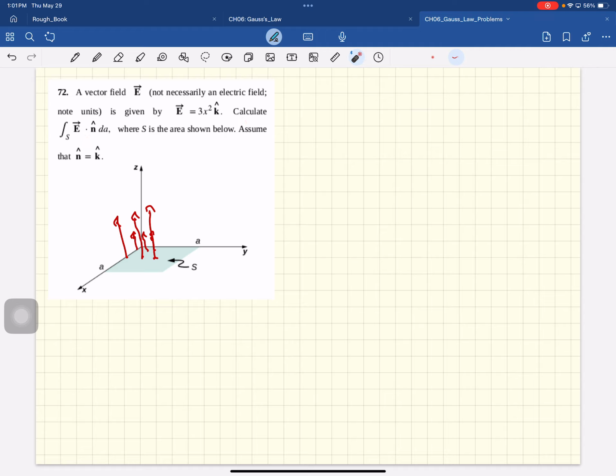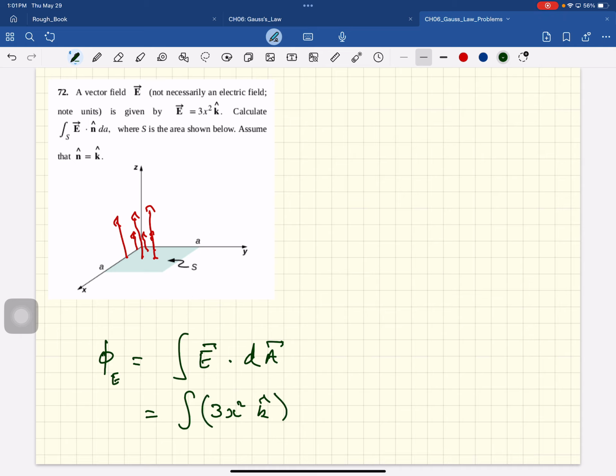Okay, so the flux is E dot dA. E is 3x squared k hat. What is the area element?